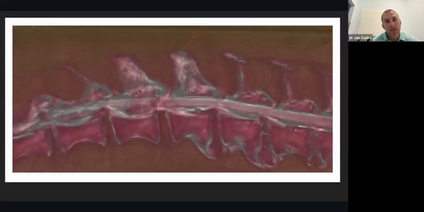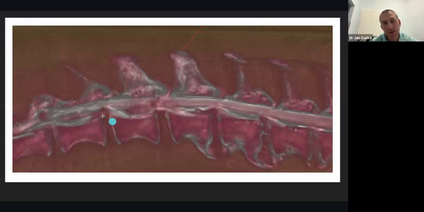So this was 3D reconstructed, and what's interesting, this is just a toy. It's not a diagnostic tool, but sometimes it's manageable. But on this picture, it looks more severe.